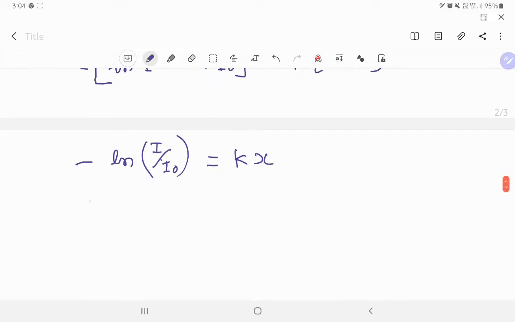Replacing this minus sign, it will be ln of I0 upon I is equal to kx.